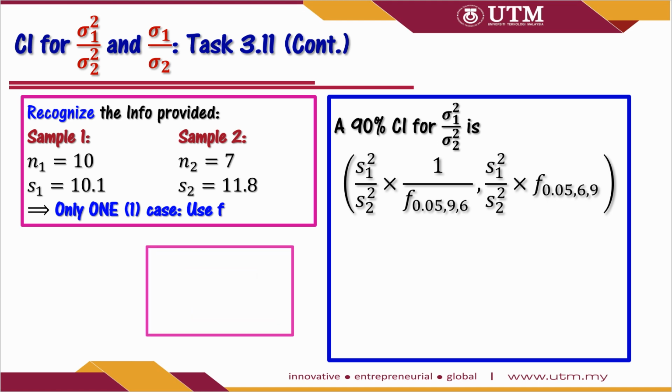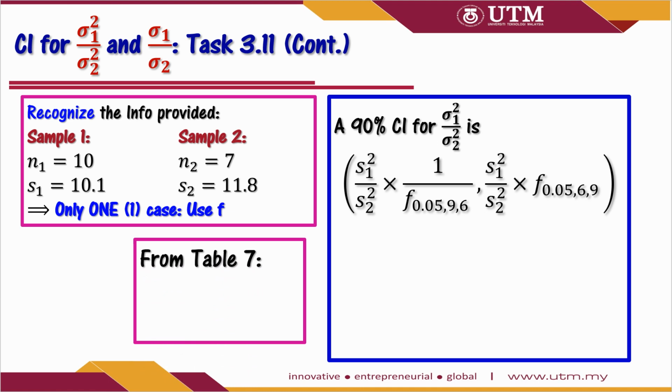From Table 7, page 44, F 0.05 is given by 4.10, and that is the value for the lower limit, whereas F 0.05 in the upper limit is given by 3.37. Do you follow me? Very good.